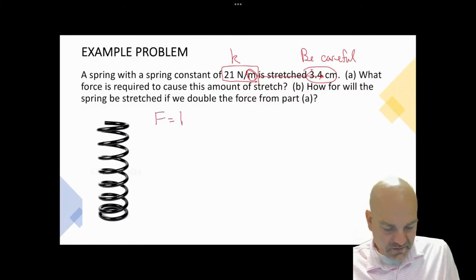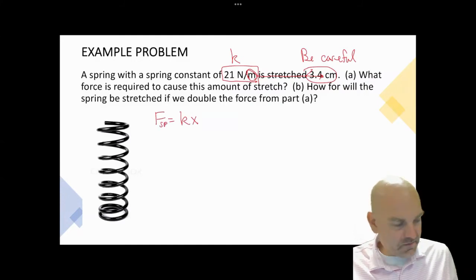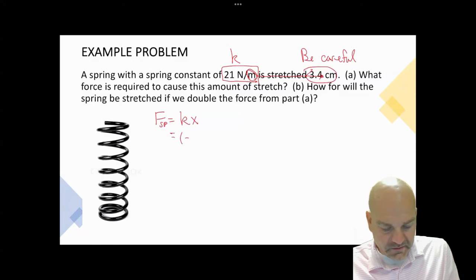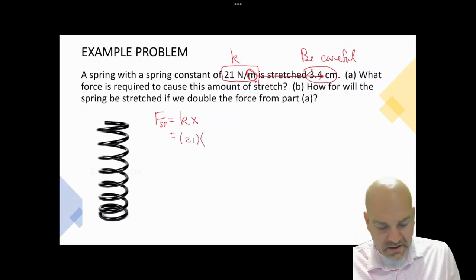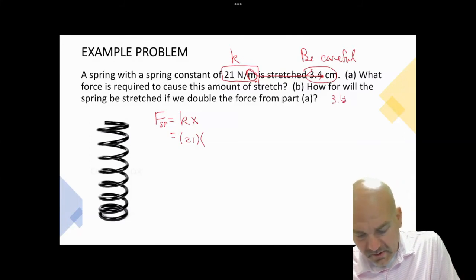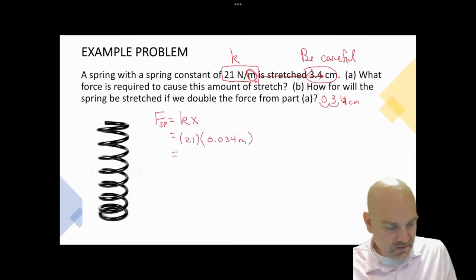So we're going to say F equals Kx. We're going to use our spring force, F sub SP, and set that equal to 21, because that's our K value. Now we have to convert our centimeters to meters, so 0.034 meters.